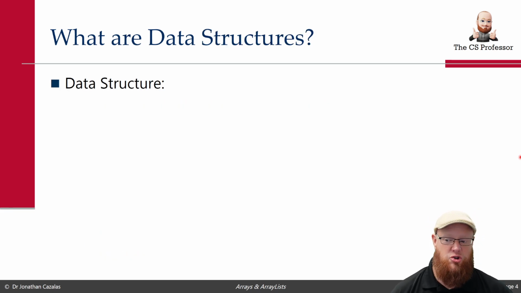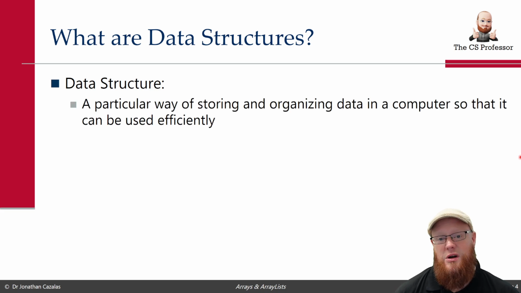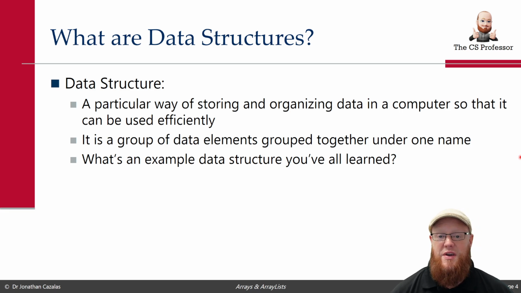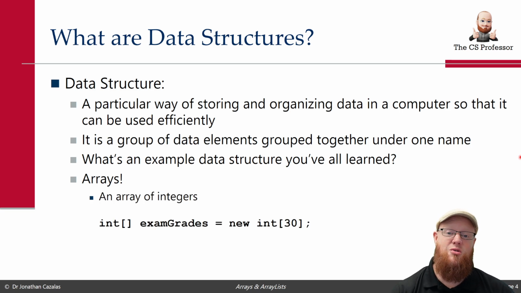What are data structures? A data structure is a particular way of storing and organizing data in a computer so that we can use it efficiently. And guess what? We've already studied what is arguably the most famous and common data structures, arrays. We have reviewed and studied arrays exhaustively here in Java, an array of integers. What is this?